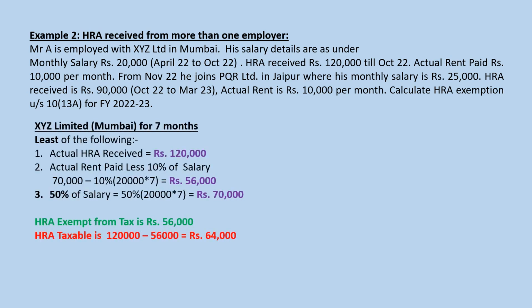Here let us see in the case of XYZ Limited, which is in Mumbai, for 7 months what will be the HRA which is exempt from tax. So this will be the least of the following. The actual HRA received, that is 1,20,000.